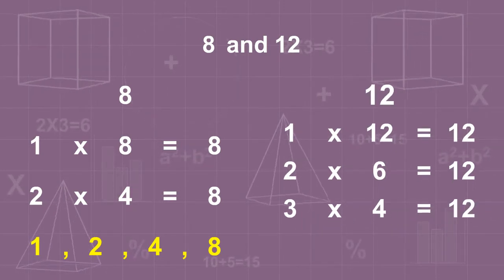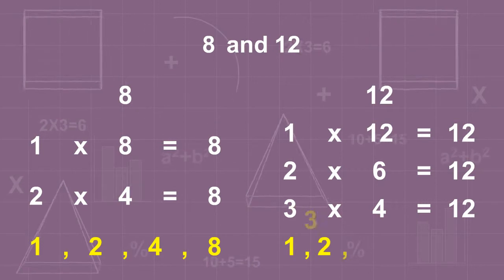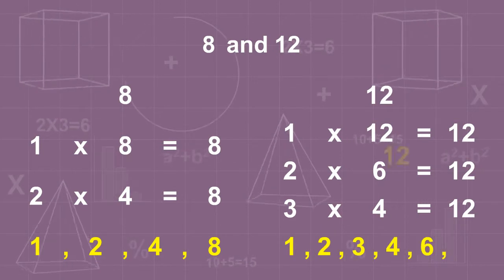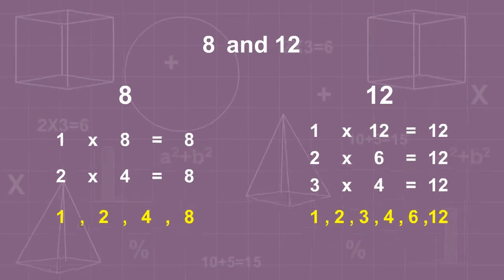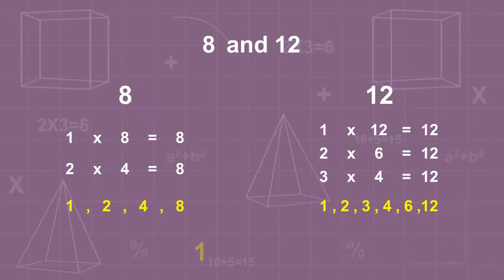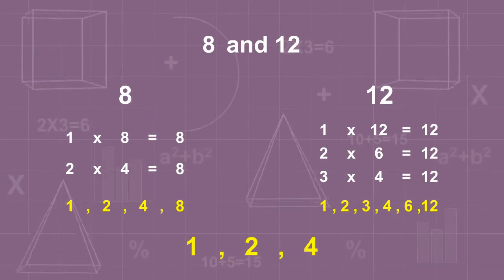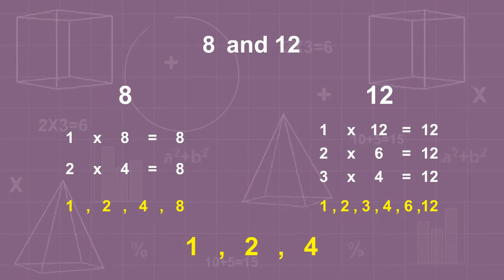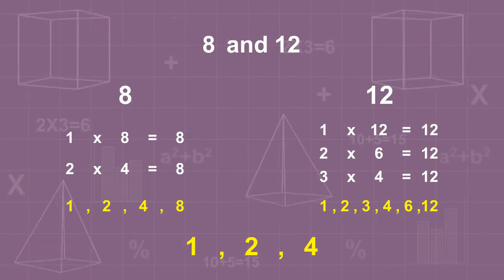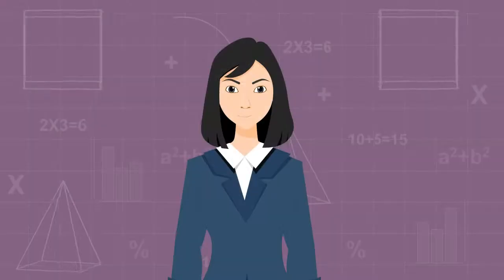So the factors of 12 are 1, 2, 3, 4, 6, 12. Here common factors of 8 and 12 are 1, 2 and 4. That means these numbers divide 8 and 12 both completely.